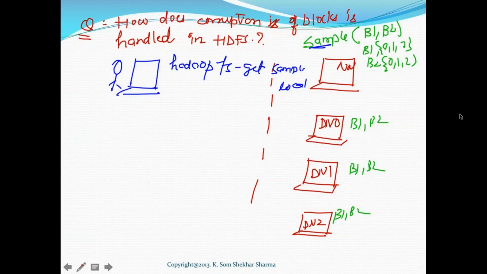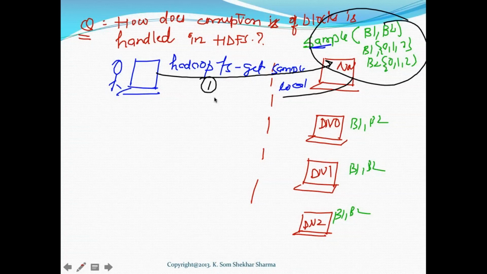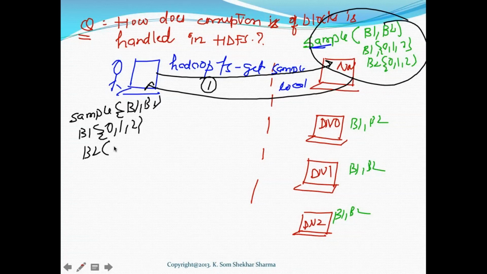So the first step, it goes to the name node, and the name node will send the entire metadata information back to the client. So the client now has the sample file broken into B1, B2: B1 on 0, 1 and 2, B2 on 0, 1 and 2.